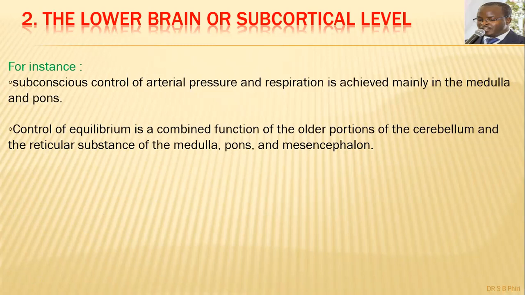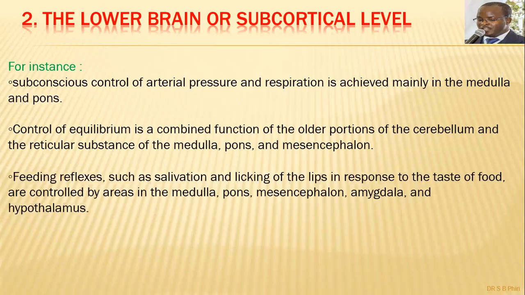Control of equilibrium is a combined function of an older portion of the cerebellum and also the reticular substance of the medulla, the pons, and the mesencephalon. So when you're talking of control of equilibrium, balance, and posture, the cerebellum is involved, and some of these nuclei are also involved.